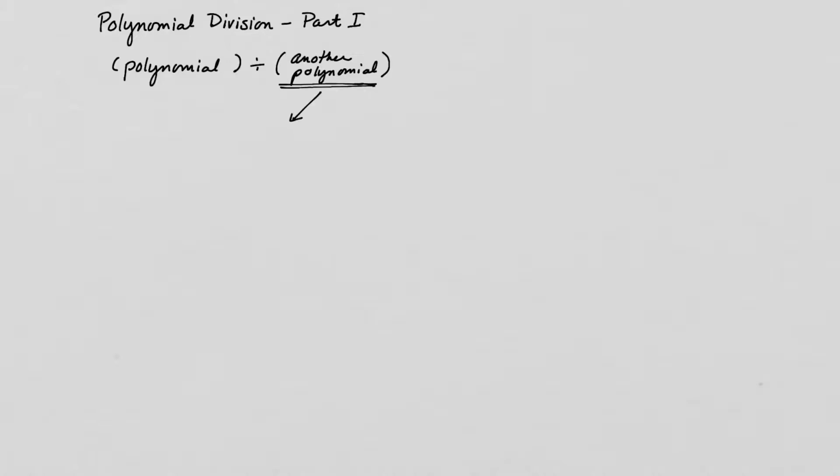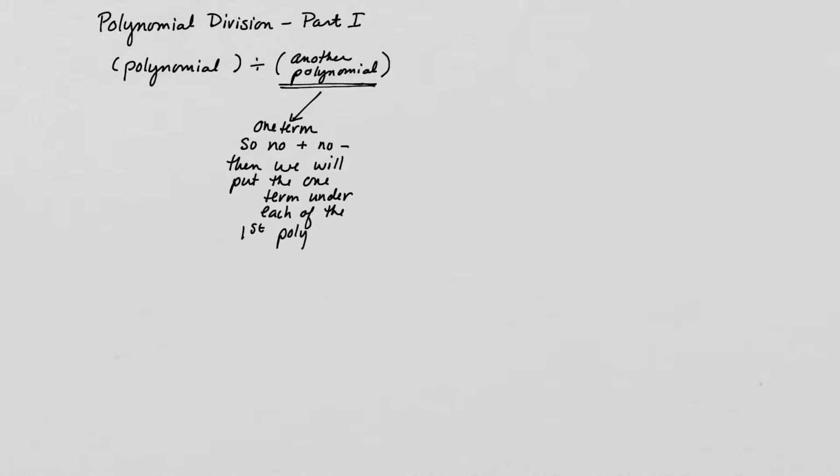So if this polynomial is one term, so no addition signs and no subtraction signs in it, then we will put the one term under each of the first polynomial's terms.